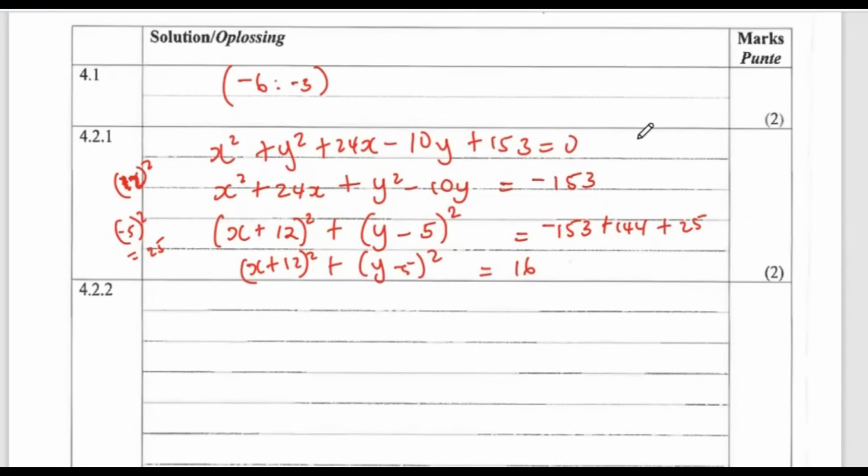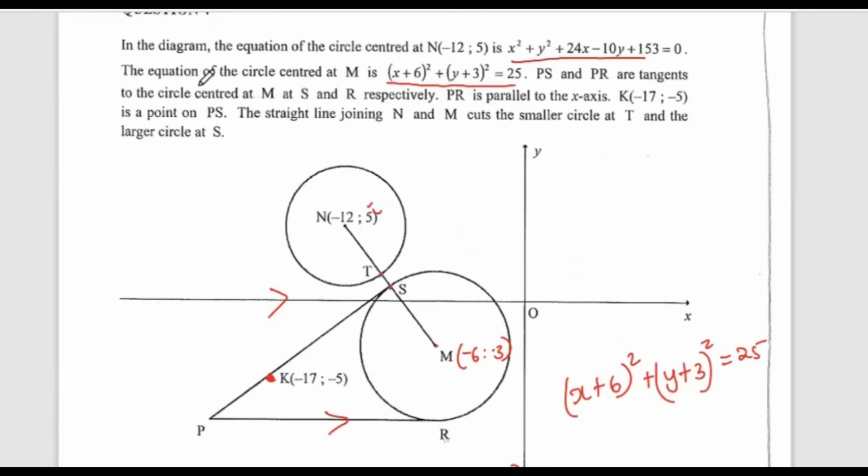Now remember, from the general equation of this circle, y minus b squared is equal to r squared. So this 16 is representing r squared. So we need to find the square root of 16, which means our r is 4 units. That's from there up to there.